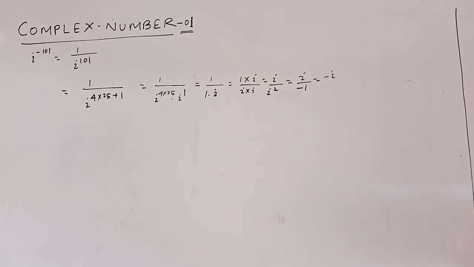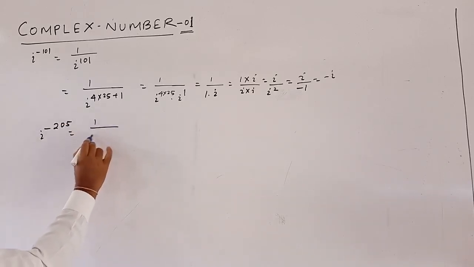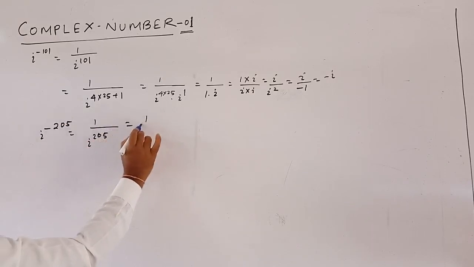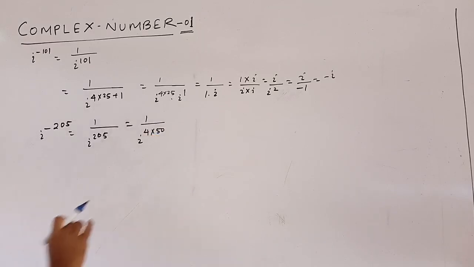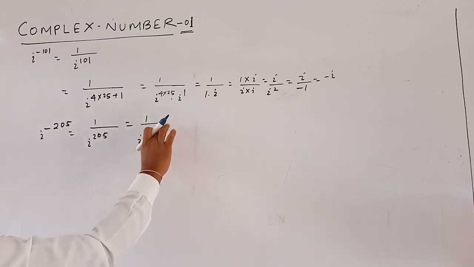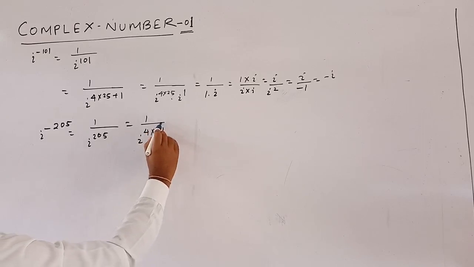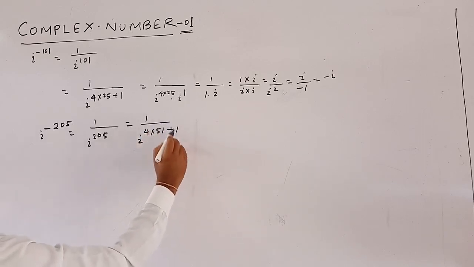Next, i to the power minus 205. So i to the minus 205 means 1 by i to the power 205, and this is i to the power 4 into 51 plus 1.